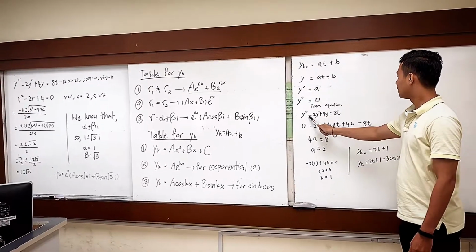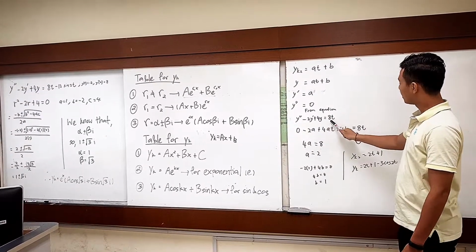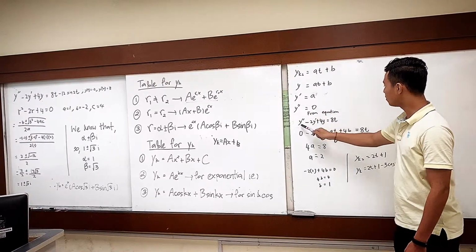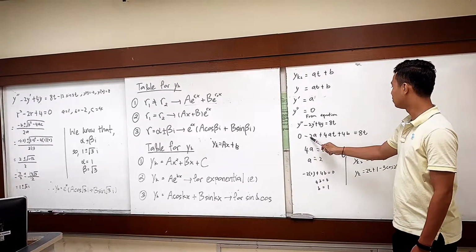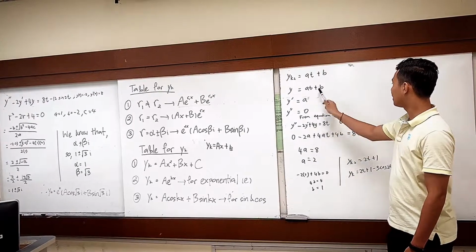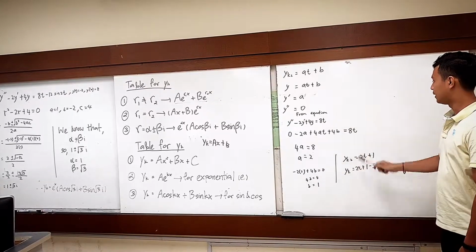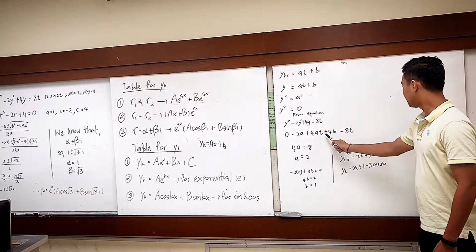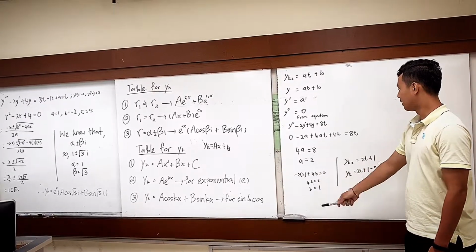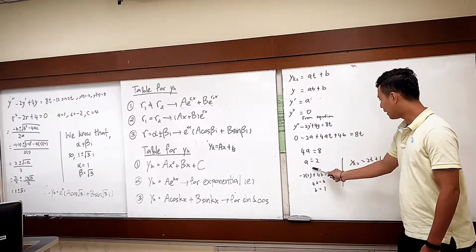From the equation, y double prime minus 2y prime plus 4y equals 8t. Substitute y double prime is 0, then minus 2y prime equals a, plus 4y, where y is at plus b, equal to 8t. So here the t terms give 4a equals 8, a equals 2.